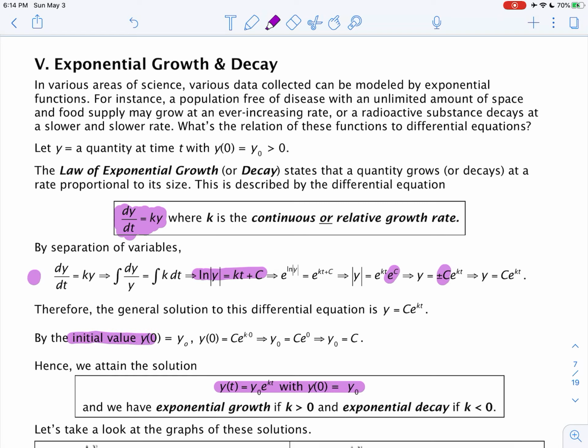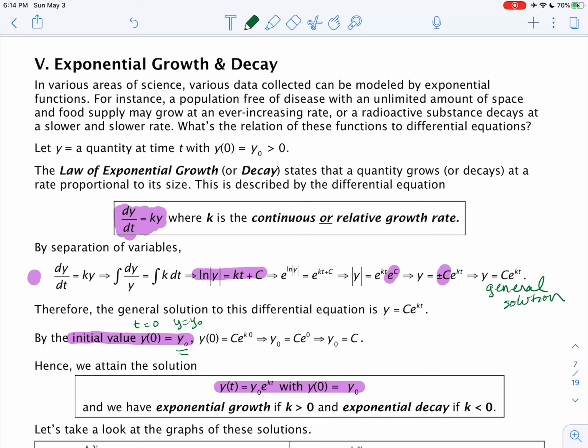Now usually we will have an initial value. So at the beginning of a problem, you might know we start off with a particular population. So at time t equal to 0, y of 0 would be the initial population, right, at time t equal to 0. And if we use our general solution, and our initial values here, so when t is equal to 0, y is equal to y sub 0, the initial population.